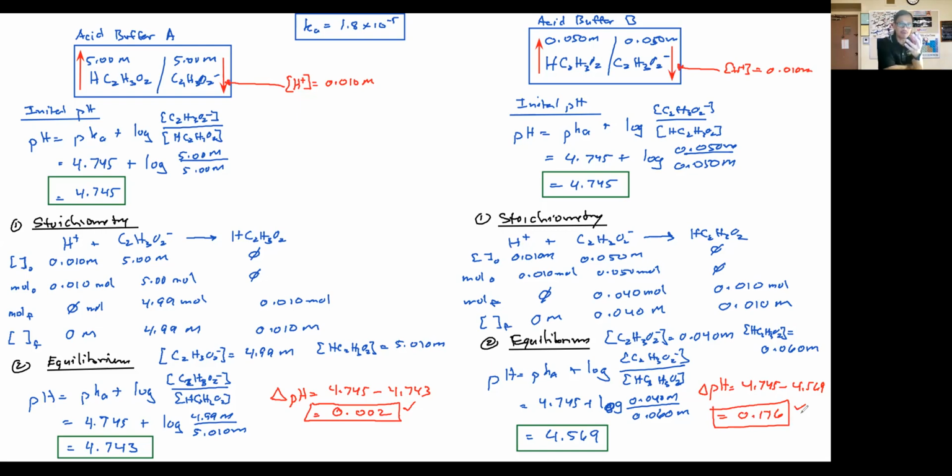So acid buffer B, which is a more dilute buffer solution, sees a greater change in its pH. What does that mean? That means that it's more susceptible to a change upon addition of an acid or base. With that said, what you should recognize here is which one of these is more resistant to changes in its pH? The more concentrated solution. We have a whole lot more of both of these here.